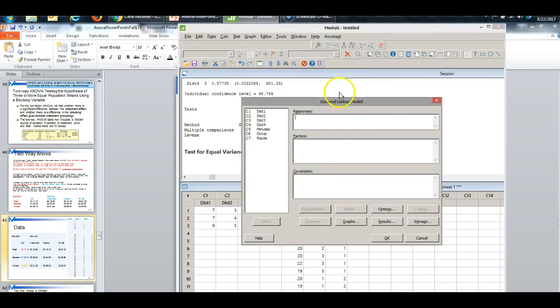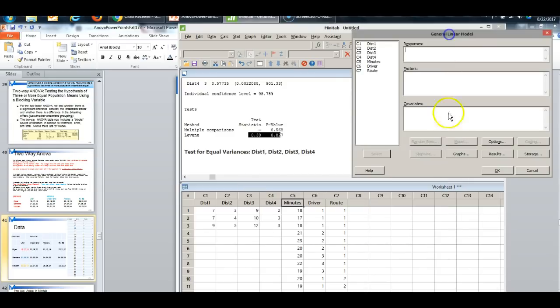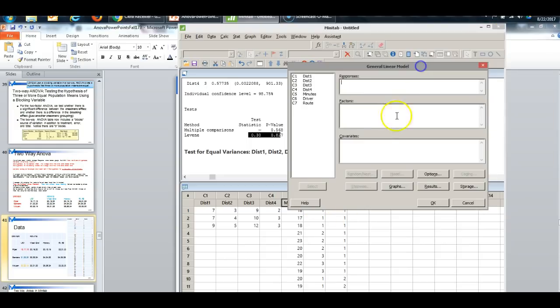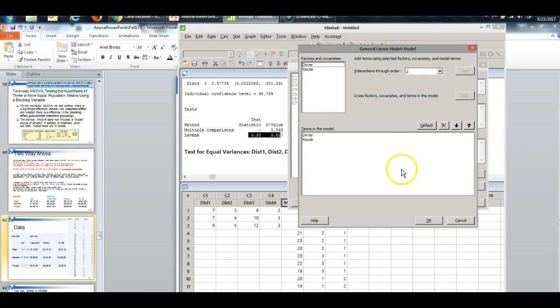Response variable. This is why we have to have it in this format. We have minutes as our response, and then my factors are driver and route, my treatment and my blocking variable. In order to get the interaction effect, which we can get as long as we have more than one observation in each cell, we can go to Model, interactions through order.